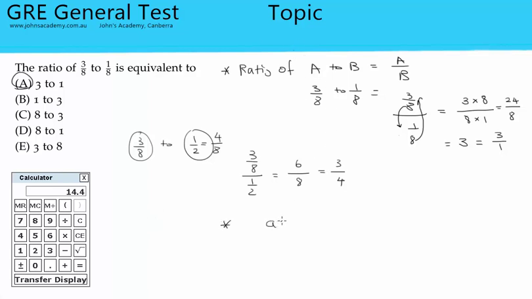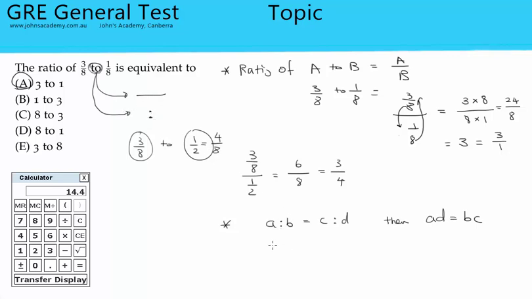If A to B equals C to D, then A multiplied by D will equal B times C. Okay, so this colon here also means "to", so that can be interpreted as the fraction bar or as a colon.